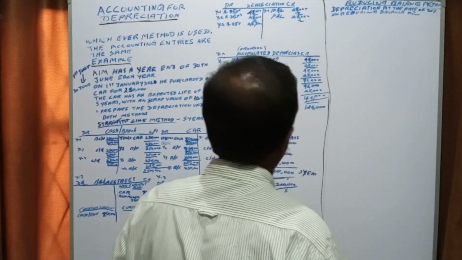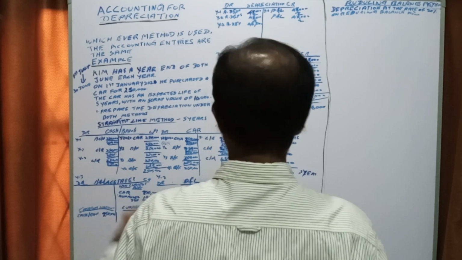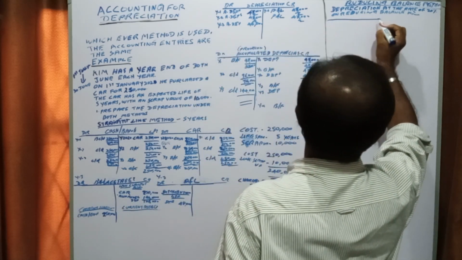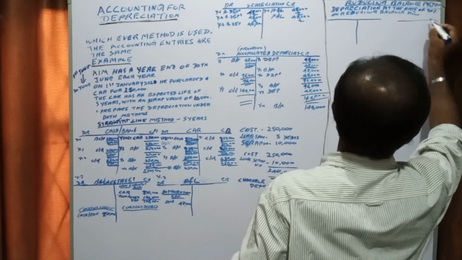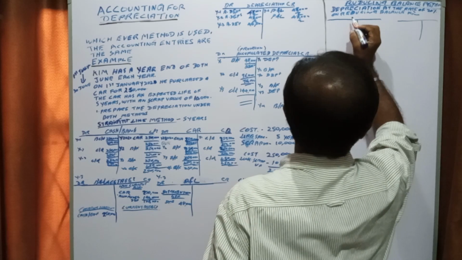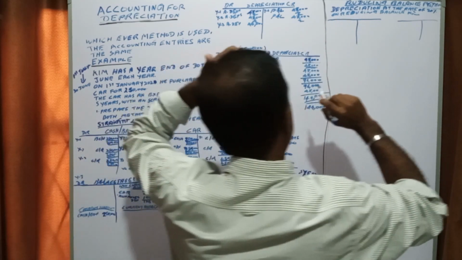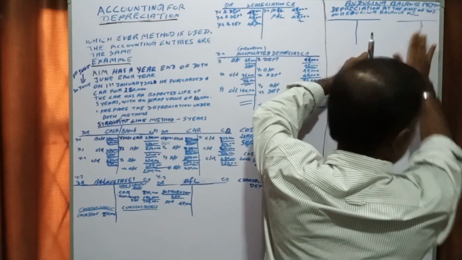So we are going to open a cash and bank account, cash and bank plus car account.